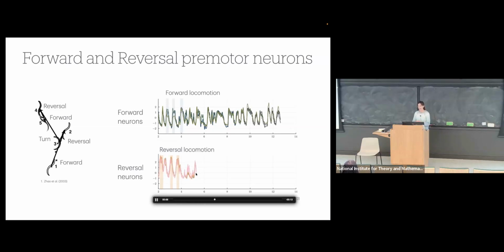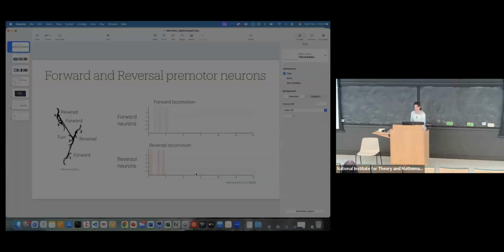In initial modeling, we've tried to make a model for how this switch happens in the worm, but there's a lot more that the worm does other than the forward and reversal switches. There are turns, a lot of decisions are happening. So I think this is a very interesting system to study to understand the sensory input, information integration, and then behavioral output. So that's all I've got.